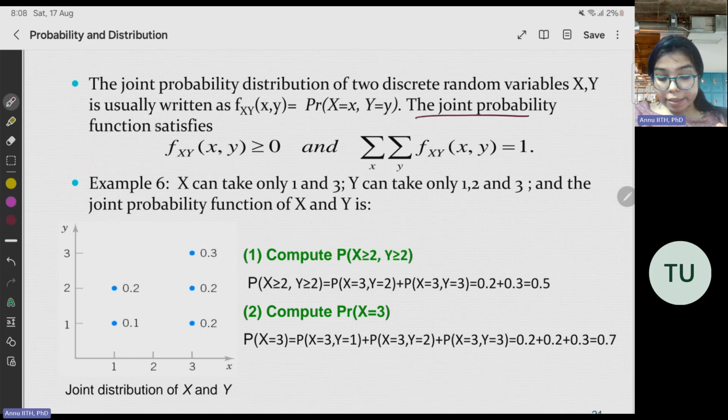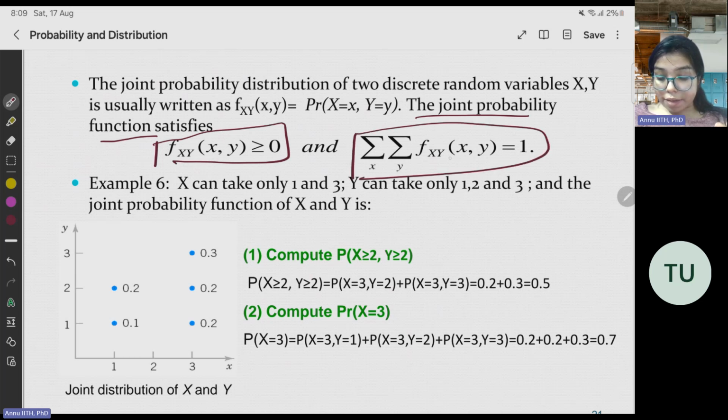The joint probability function satisfies f of x, y greater than or equal to 0 and summation over x and y of f of x, y is equal to 1. That's what it's showing.